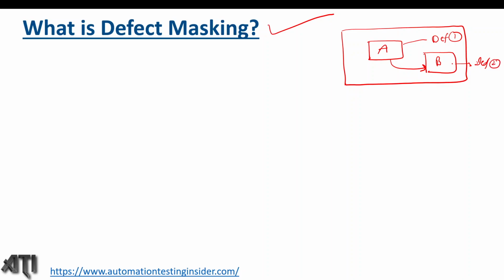Since we cannot execute functionality B without functionality A, and we got a defect over here, we cannot execute functionality B. So defect 2 is the masked defect. This part will go unnoticed because we cannot execute it, right? The defect in functionality B is called a masked defect.